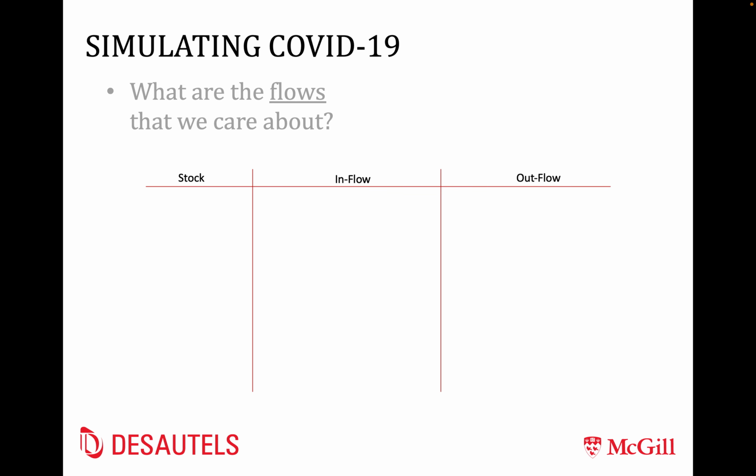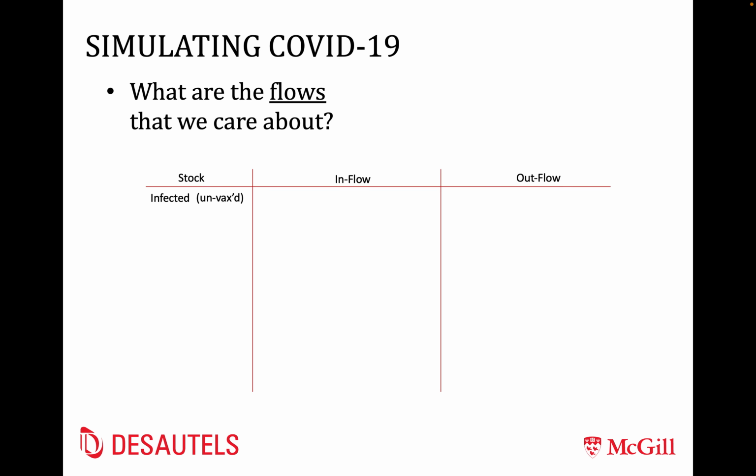Okay, so now that we have our major stocks in place, let's start thinking about flows, right? If you may remember, flows are ways in which you can increase or decrease a particular stock. So let's start with our first stock, which is infected individuals. Specifically, let's start talking about infected unvaccinated individuals, right? Because now it'll start mattering whether we're talking about vaccinated or unvaccinated individuals for a variety of reasons.